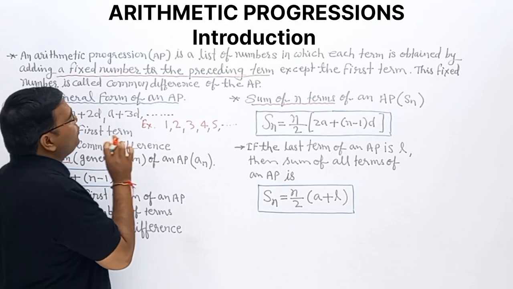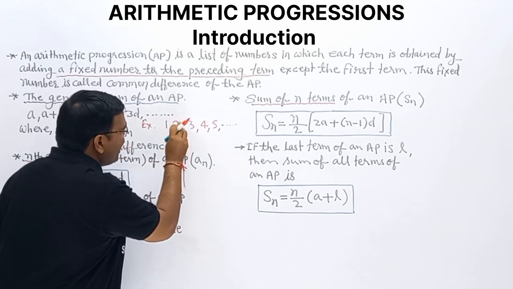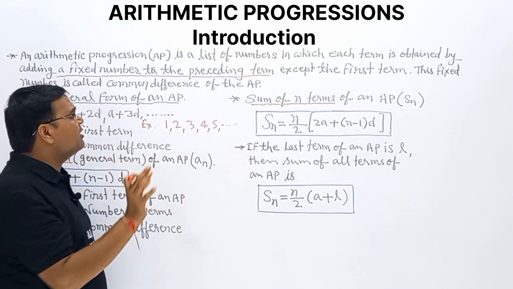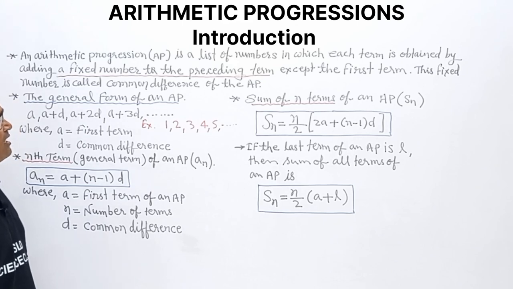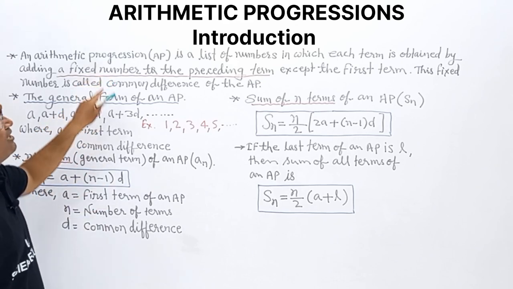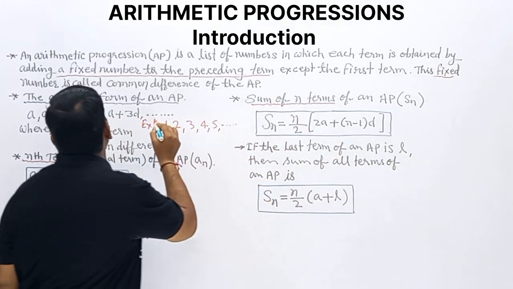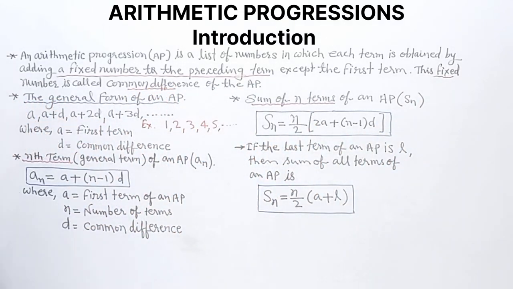We keep adding the fixed number to these numbers, and so on. And this fixed number is called the common difference.